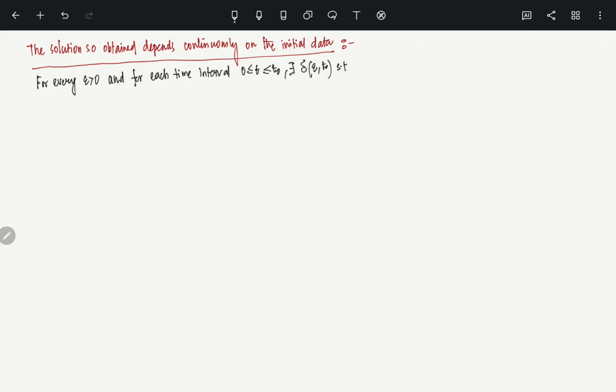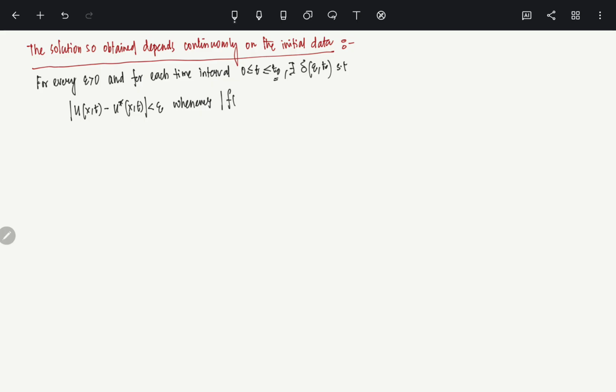such that, essentially, we will have a delta which will depend, of course, on epsilon and this time bound t naught, such that |u(x,t) minus u star(x,t)| is less than epsilon whenever the initial data are small enough.